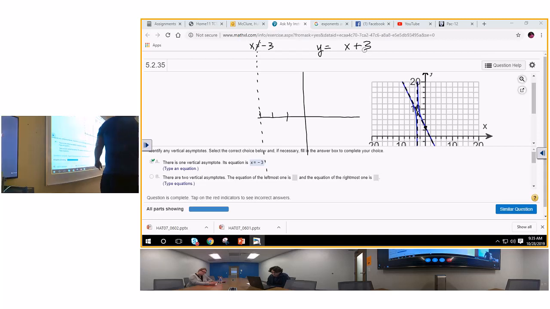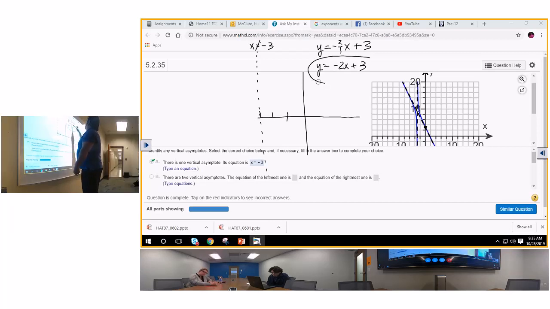Now we just got to figure out the x. So we've got to figure out the slope of this line. It looks like to me, 1, 2, 1. It's a negative slope, so it's going to be -2 over 1, which is y is equal to -2x plus 3, and that's our oblique asymptote.